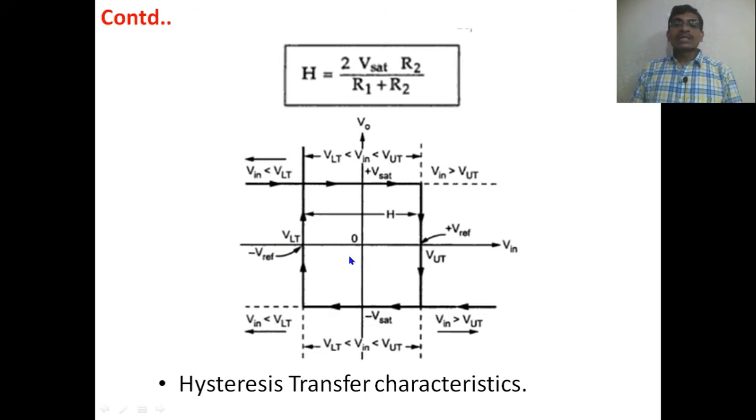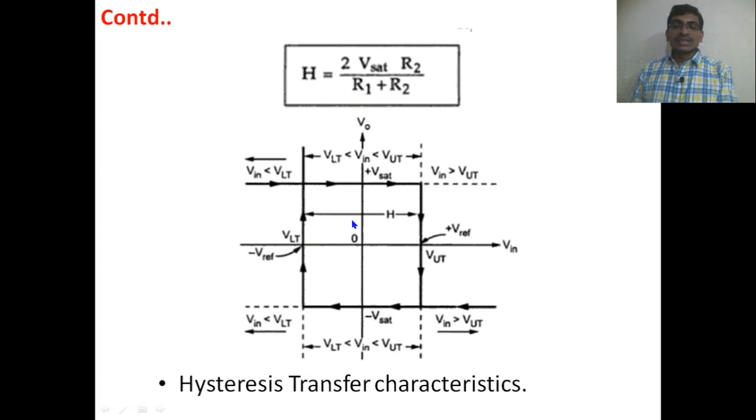So between VLT and VUT, the lower threshold level and the upper threshold level, our output will not change. Only when the input voltage is greater than the upper threshold voltage does the output change from positive V saturation to negative V saturation, and when the input voltage is less than the lower threshold voltage, only then does the output voltage switch from minus V saturation to plus V saturation level.